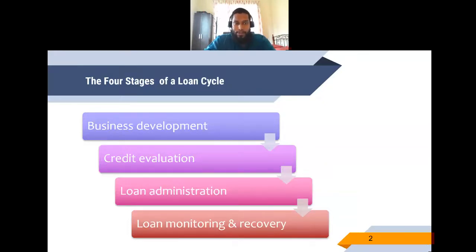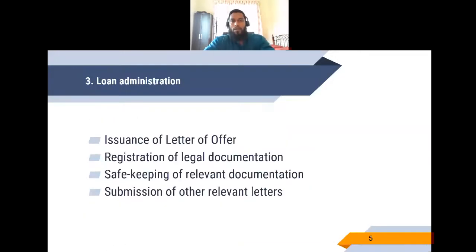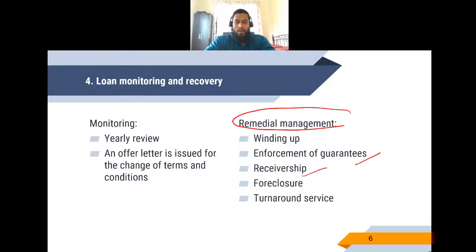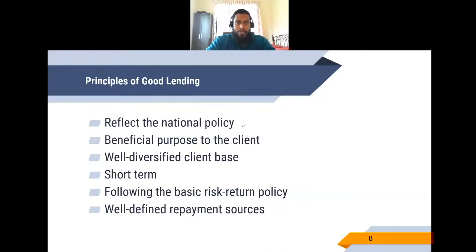First is the business development. Second is the credit evaluation. Third is the loan administration, and fourth is the loan recovery. We'll discuss further on each of these levels.